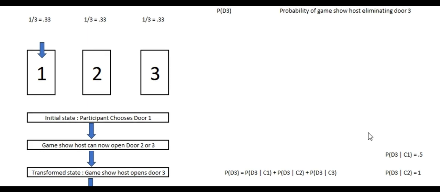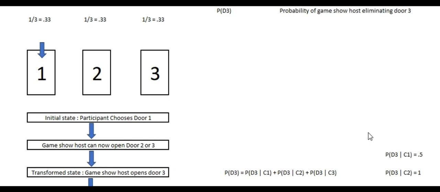So now, if you look at the equation on the right hand side, which is the game show host's probability of opening door 3, it is actually expressed in the form of 3 conditional probabilities, where the probability of opening door 3 is considered against where the car is available, whether it is available behind door 1, door 2 or door 3.